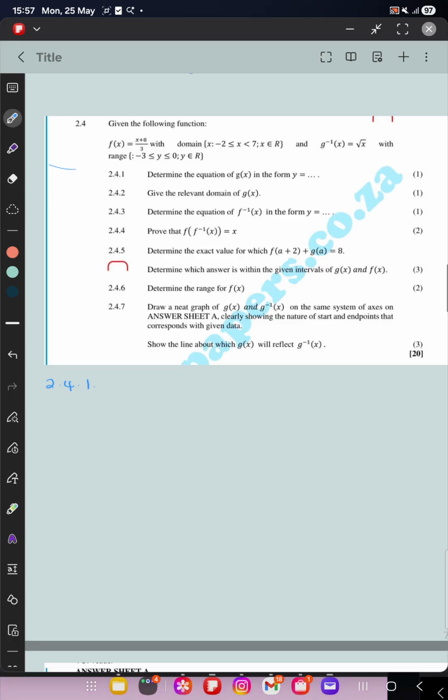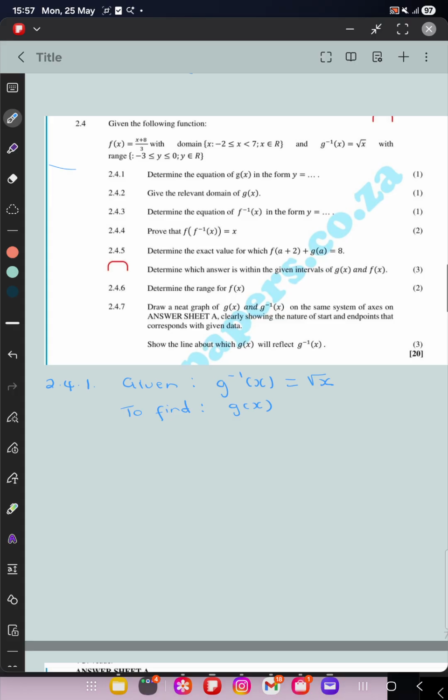So let's look at this. We are given g inverse of x, which equals the root of x. We are asked to find g of x, which is the inverse of the other one.